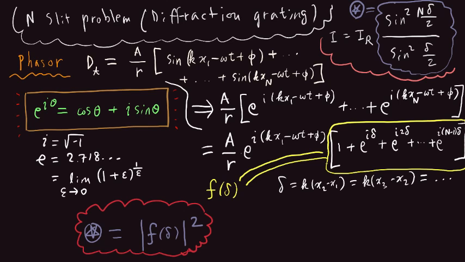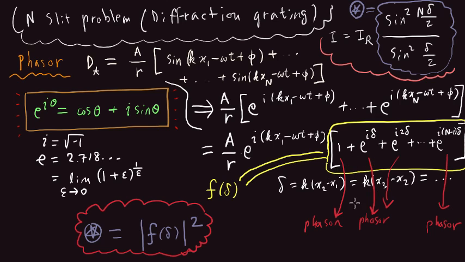Let me define each term here that goes into defining f delta as a phasor. So this is one phasor, there's another phasor, and another phasor, and this is another phasor. That's how I would define a phasor. In that sense, a phasor is just a complex number with magnitude 1.